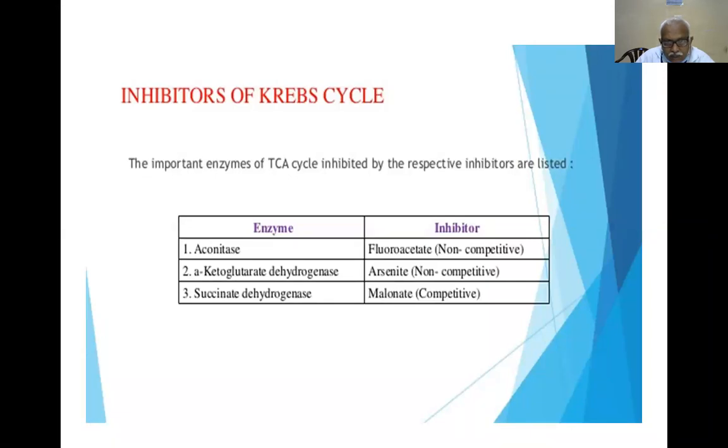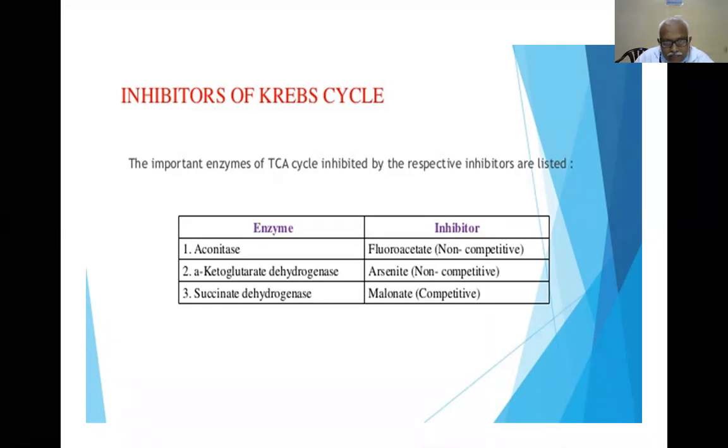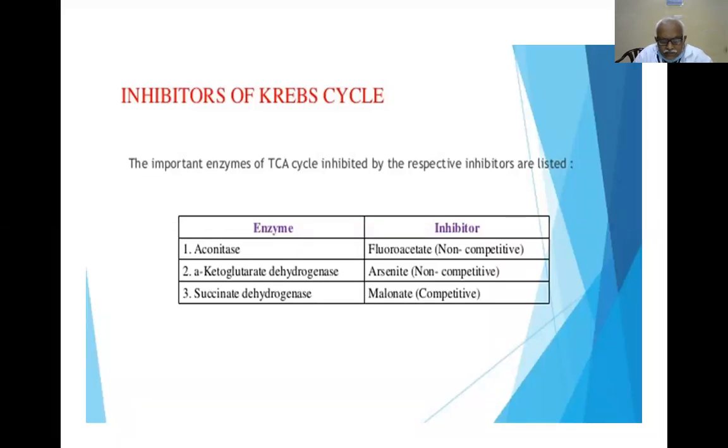So what will happen if our drinking water has large amounts of fluorine? We know about endemic fluorosis, Nalgonda and Puttapatti. These are the areas where the drinking water has large amounts of fluorine.